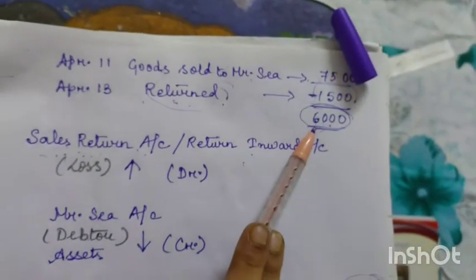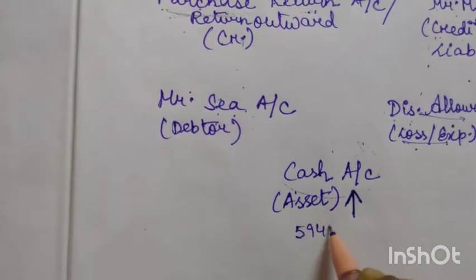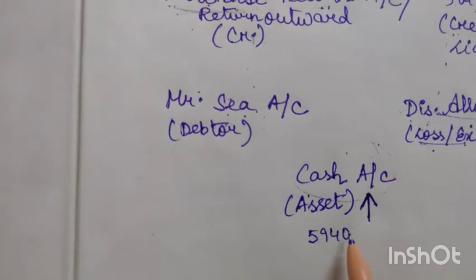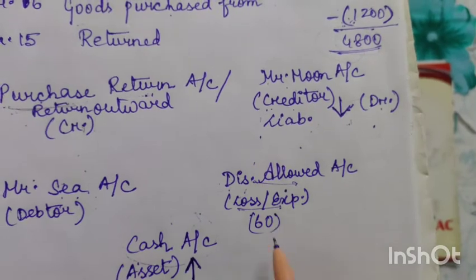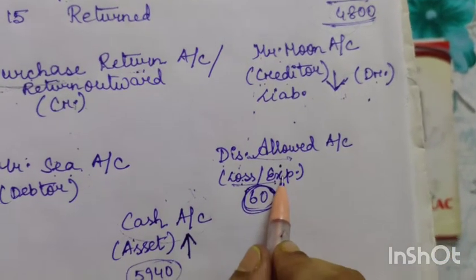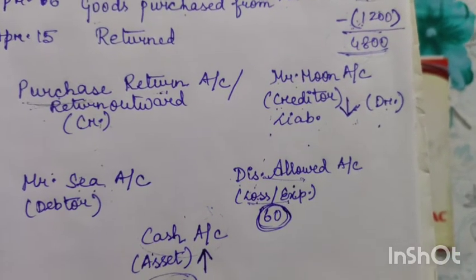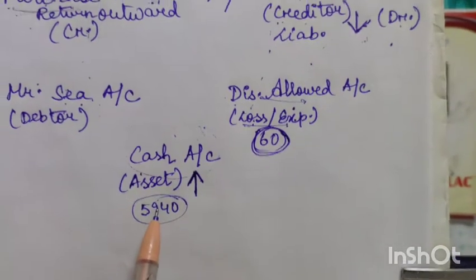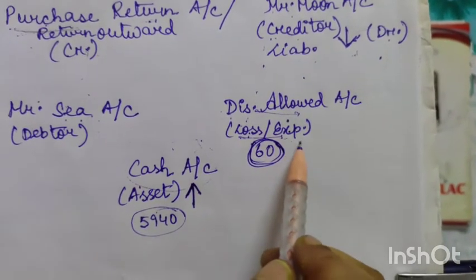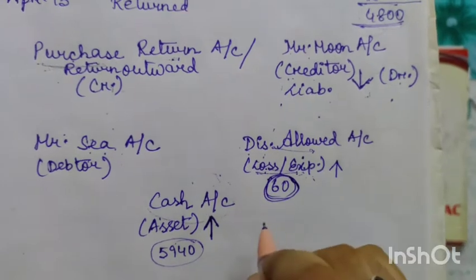We were supposed to receive from him 6,000, but we have only received 5,940, right? We have received 5,940 and we have allowed him discount of 60. So this 60 rupees is either we can call it as loss or it is an expense, because we were supposed to get from him 6,000 but we are getting only 5,940. So obviously this becomes our expense or loss. So here expense or loss is increasing.